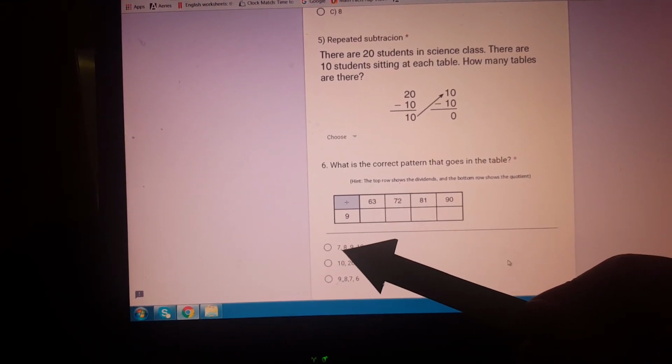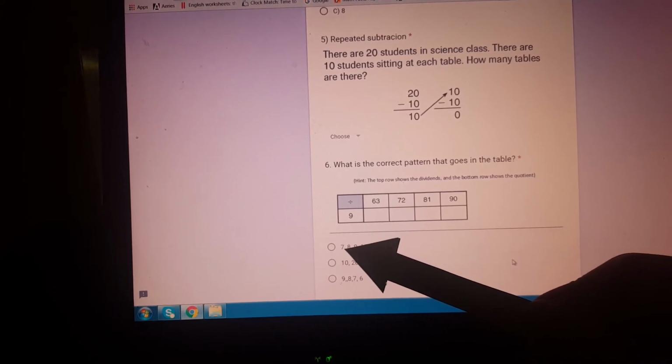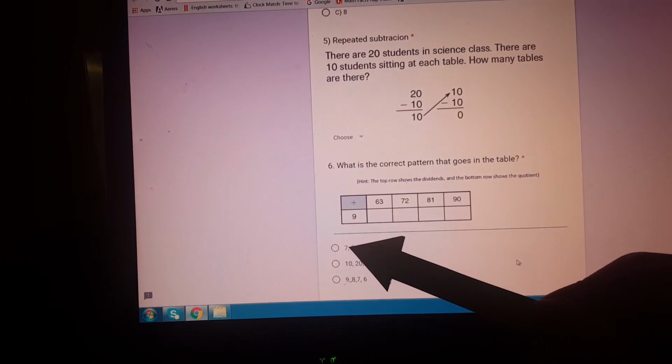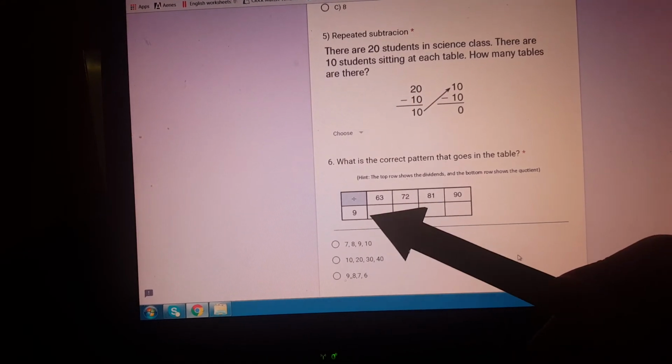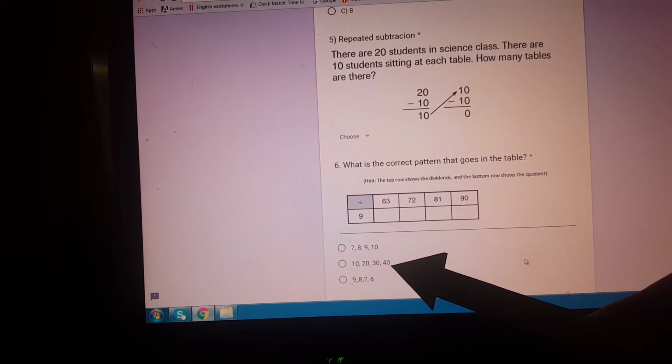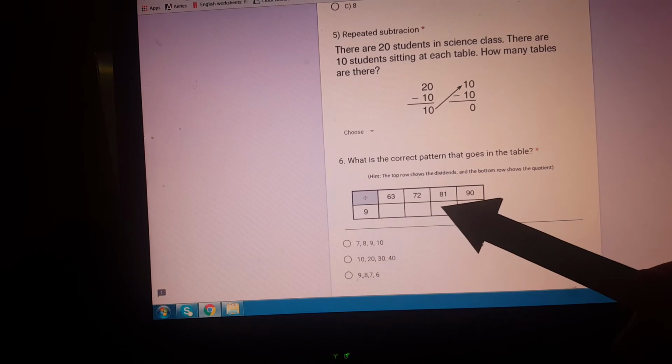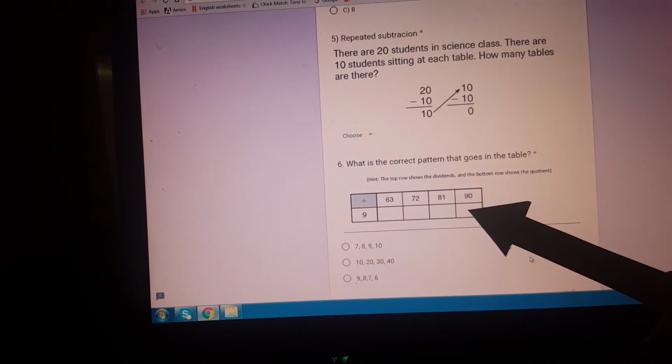We are moving on to the responses. The first response is 7, 8, 9, and 10. So you're saying that these answers go in the table. The second response is 10, 20, 30, 40.